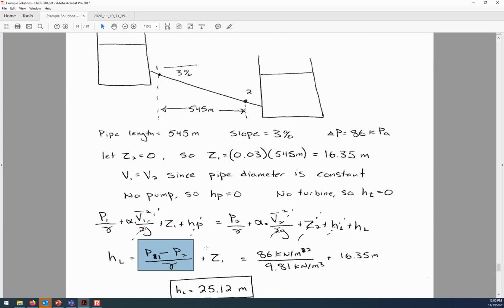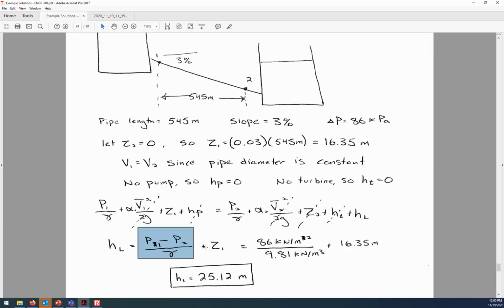And so the head loss is 25.12 meters. So the elevation change is 16, and the pressure change overall, if we think about how many meters of head that is, so 86 divided by 9.81, that's 8.8 meters of head difference due to the pressure change.